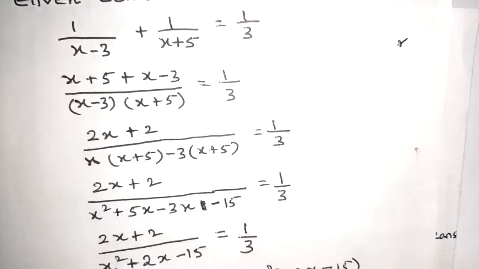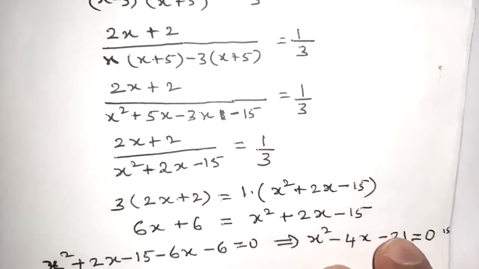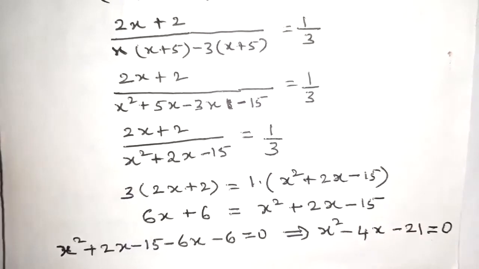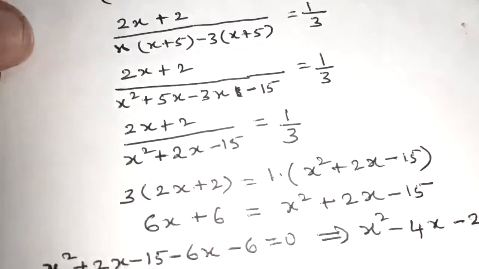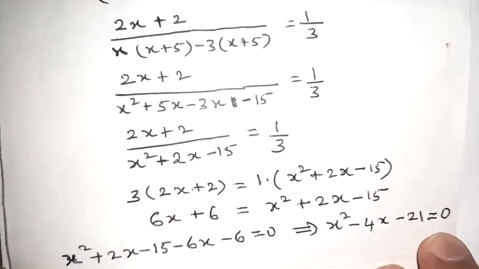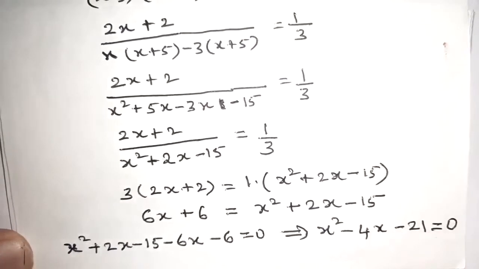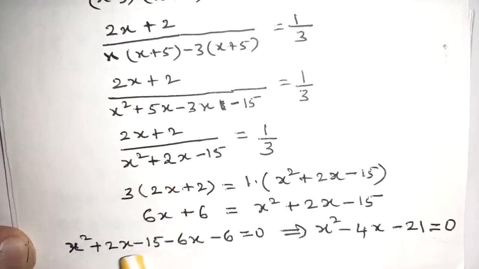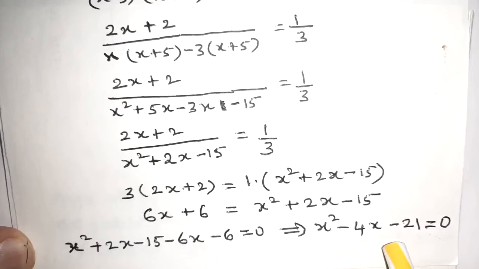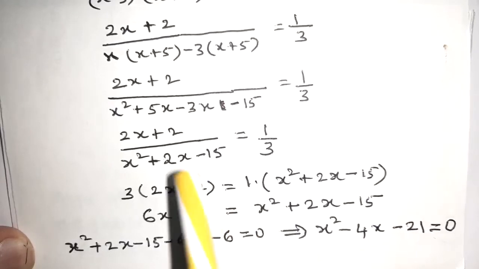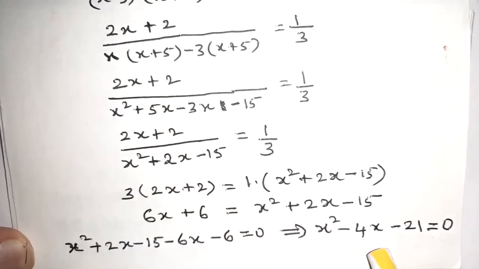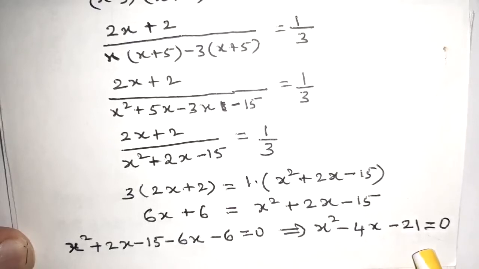Then we obtain the equation x square minus 4x minus 21 equal to 0. By simplification of this, we get x square minus 4x minus 21 equal to 0.